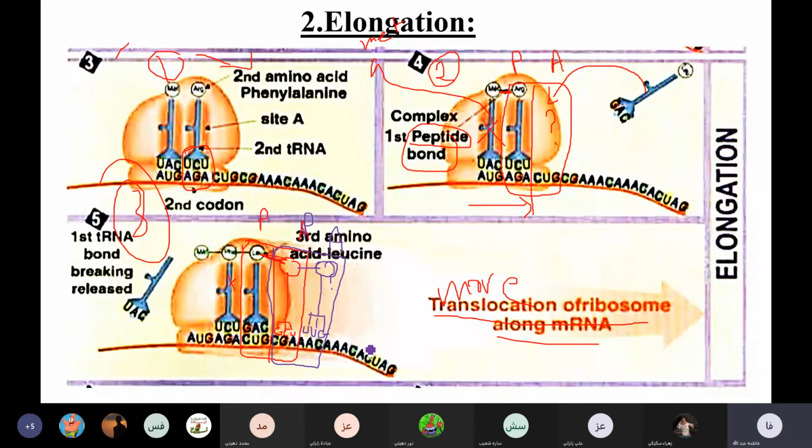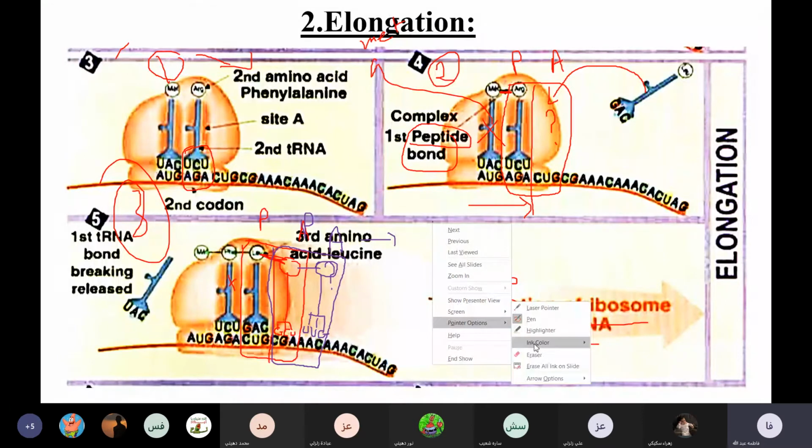This is the peptide bond. It's time for the ribosome to move one codon. I will change the ink color.